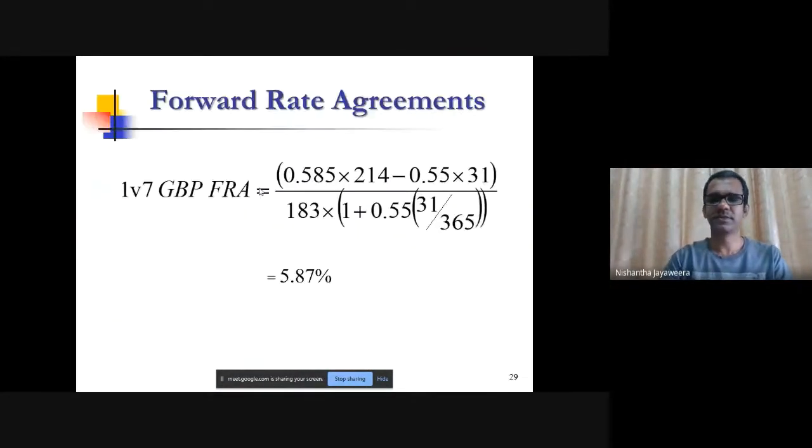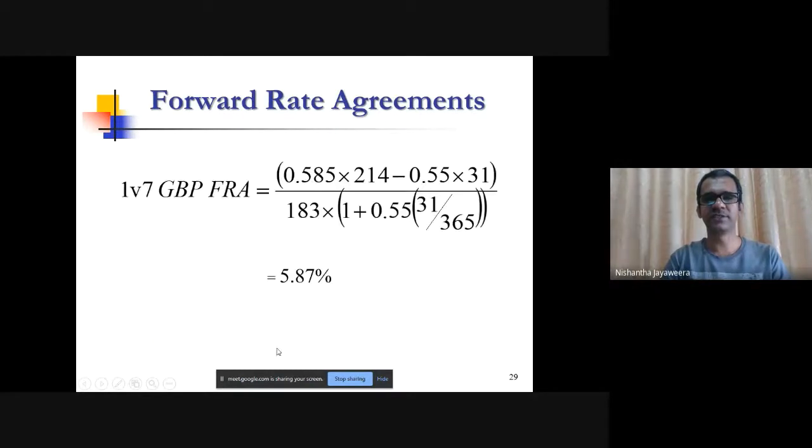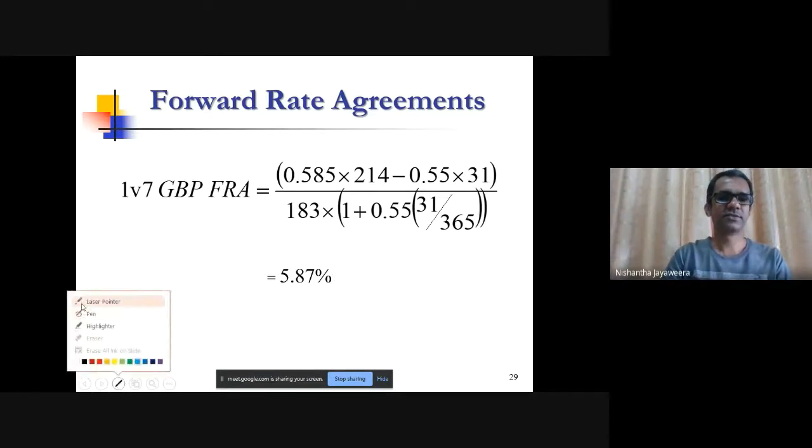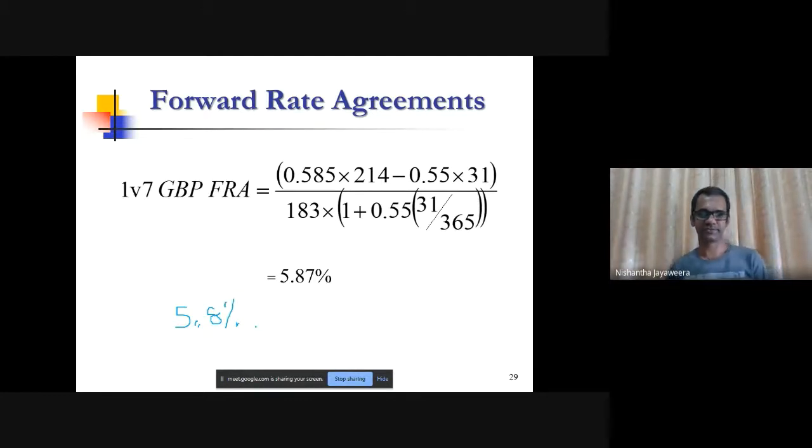So this is the market interest rates, 5.55, 5.85. You calculate this rate 5.87. But in the market, if you can see the forward is quoted at 5.8%, there's an arbitrage opportunity.